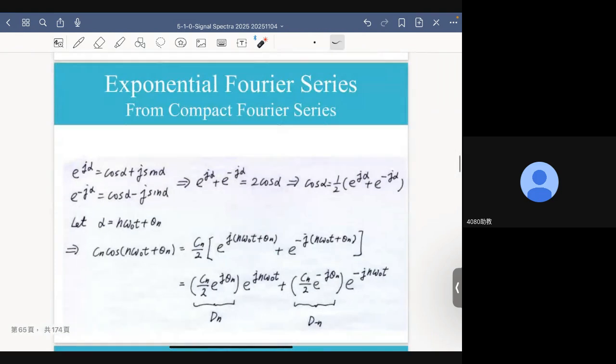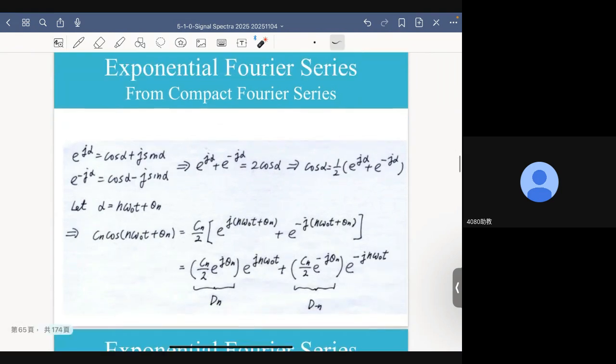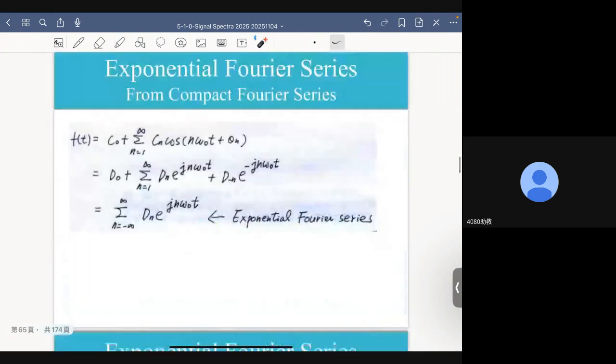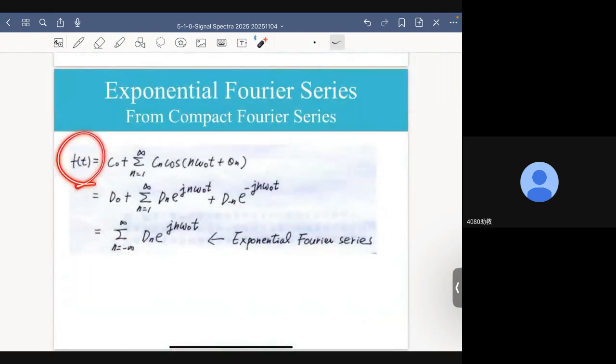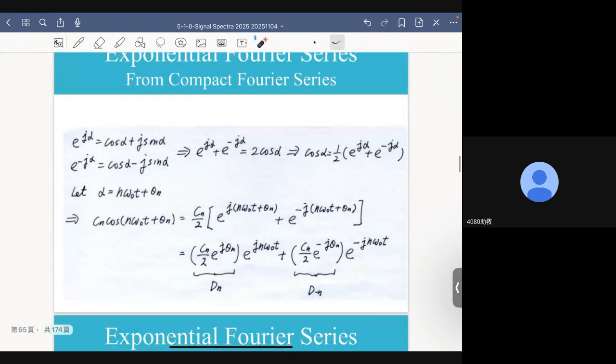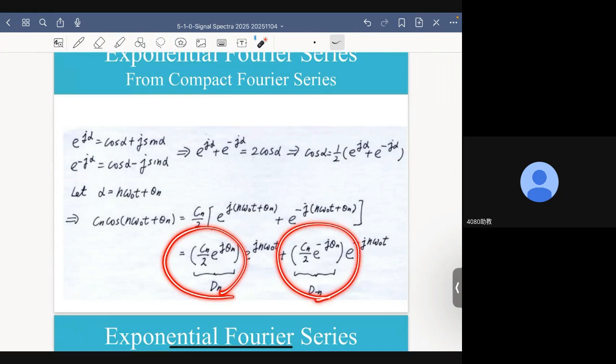Now, in addition to the trigonometric Fourier series and compact Fourier series, we also introduced the exponential Fourier series. We have shown that if I represent f(t) in this manner, then the Fourier coefficient Dn is defined as this.